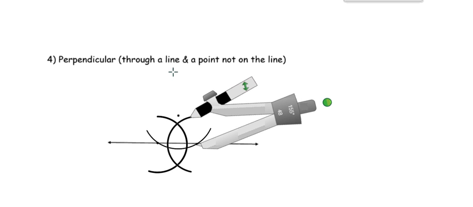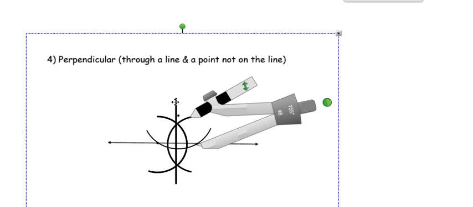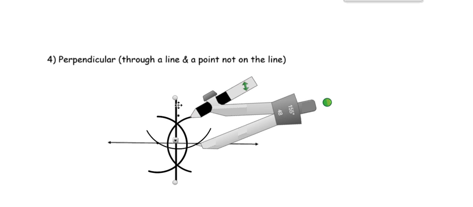And finally, you can take your straight edge to construct that line through the point and through the intersections. You now have finished the construction.